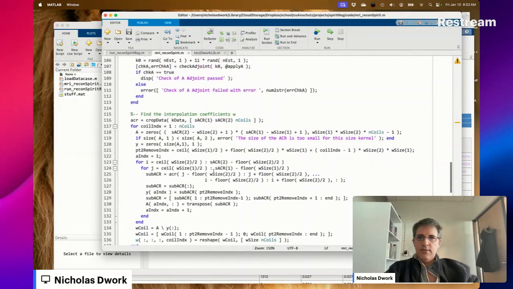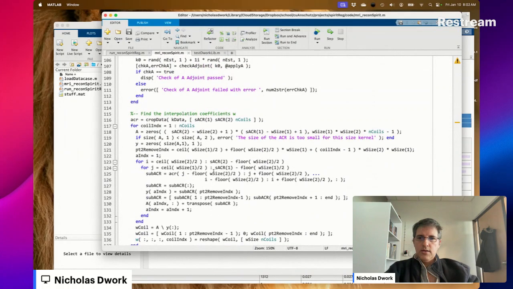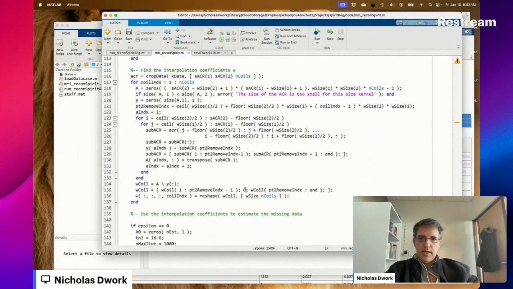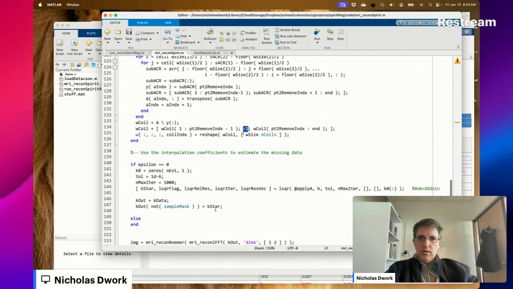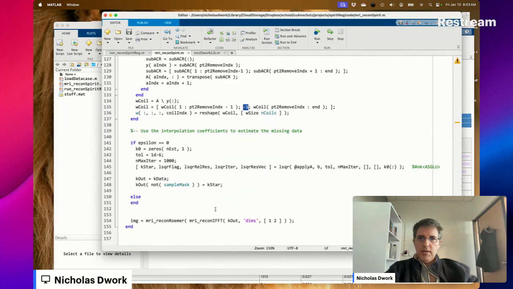Instead of padding with the 0 right here, we pad with the minus 1. So this was done in the original code released with the SPIRiT paper.